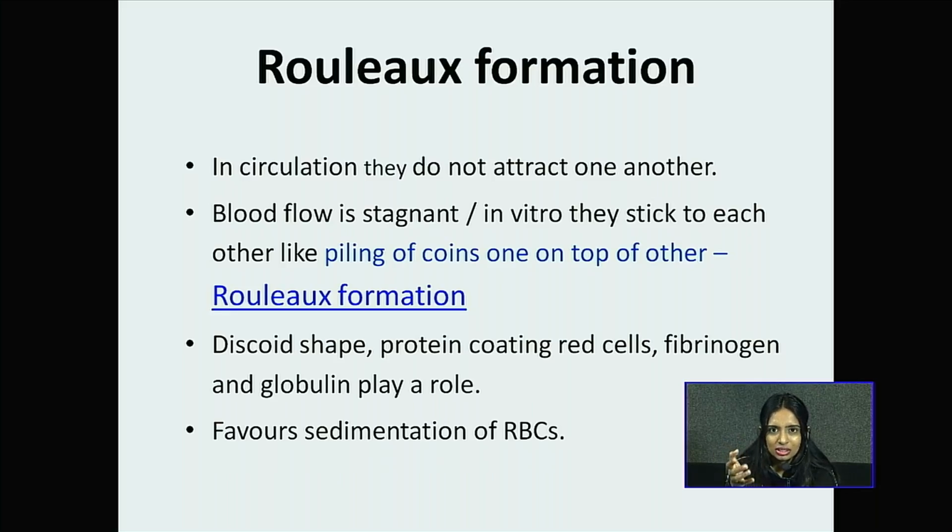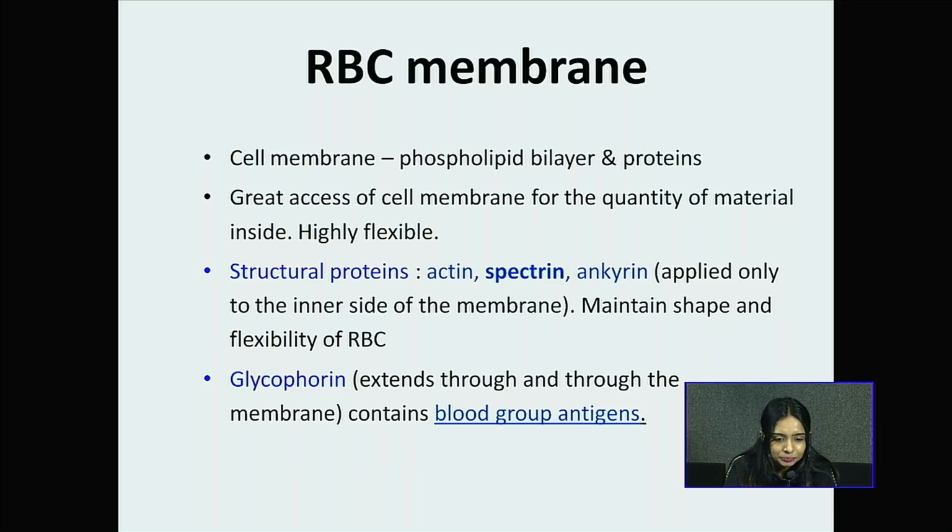Sedimentation is when solid particles settle down against the barrier in a fluid or a solution. Just like that, RBCs also settle down in a fluid. That is known as sedimentation. So Rouleaux formation also favors sedimentation of RBCs.